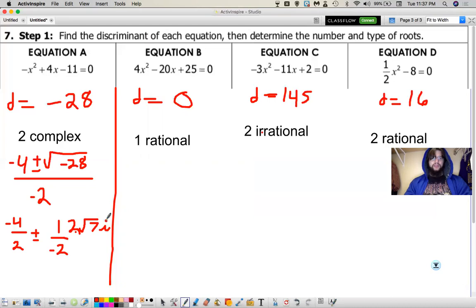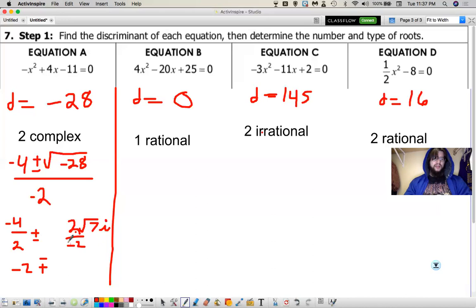Make absolute certain your i is not underneath your radical, and this is not in your denominator. It can be in the numerator. In fact, you don't have to hit that 1. Let's not put the 1 there since we have a 2. There. You can consider that whole thing or just that piece, because we're going to simplify that in a second. Negative 4 over 2, that's negative 2.